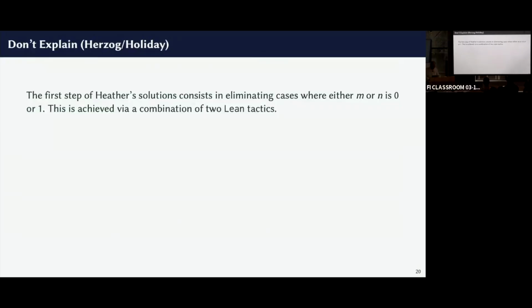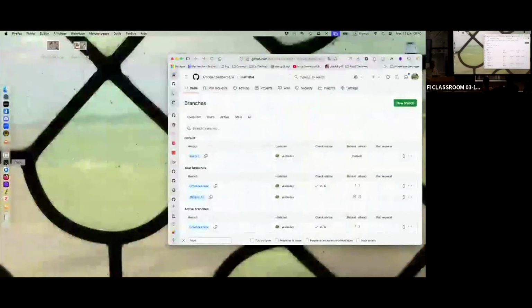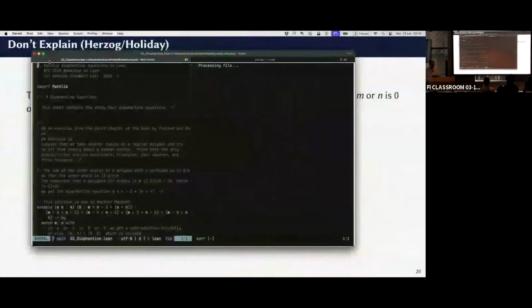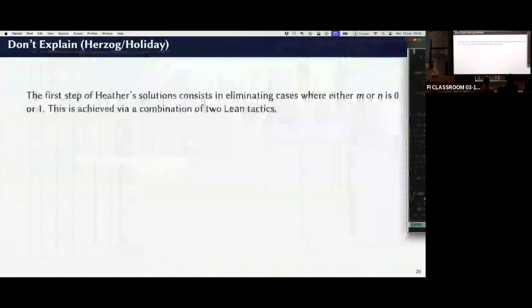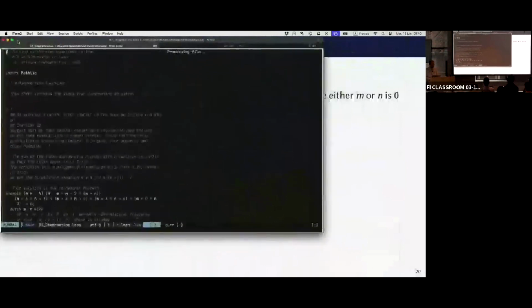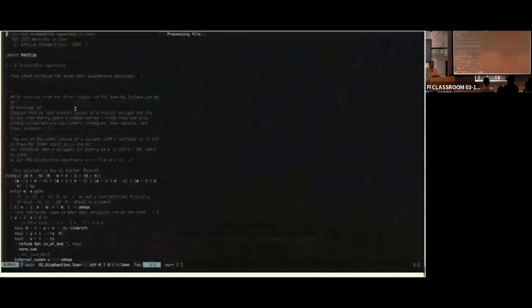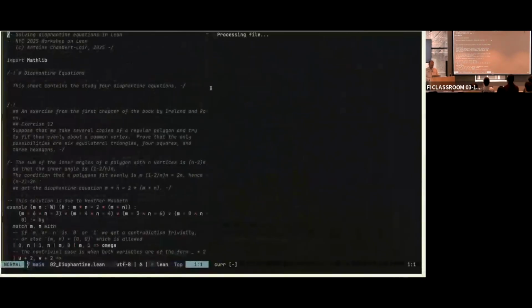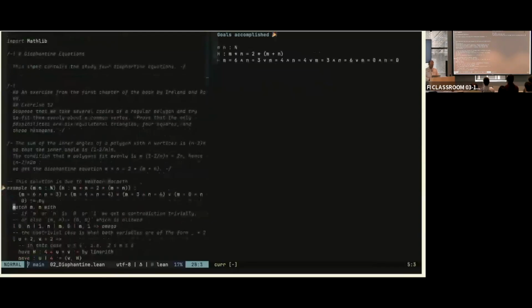I will try to take the solution as well in another window. I should put it here and hope it works. It doesn't want to go there. So we'll have both at the same time. I'll make it bigger so that you can read. Now it's processing the file. So here is the solution.